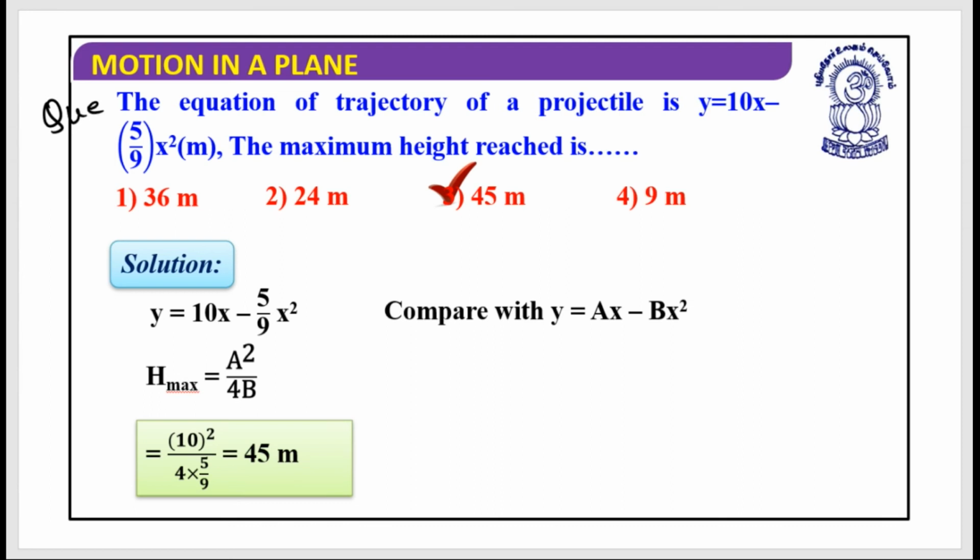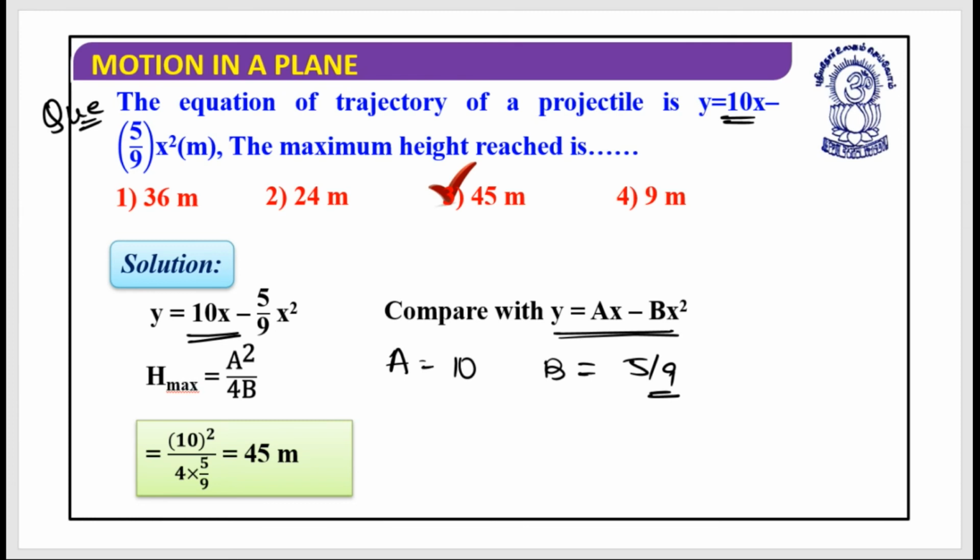Let's have a look at this question. It says that the equation of trajectory of a projectile is y is equal to 10x minus 5 by 9 of x square. Find the maximum height. I hope you remember this, that if I compare this with y is equal to ax minus bx square, my a would be equal to 10 and my b would be equal to 5 by 9.